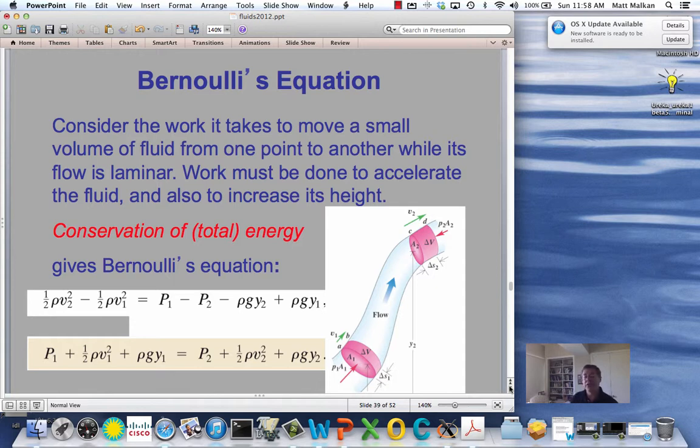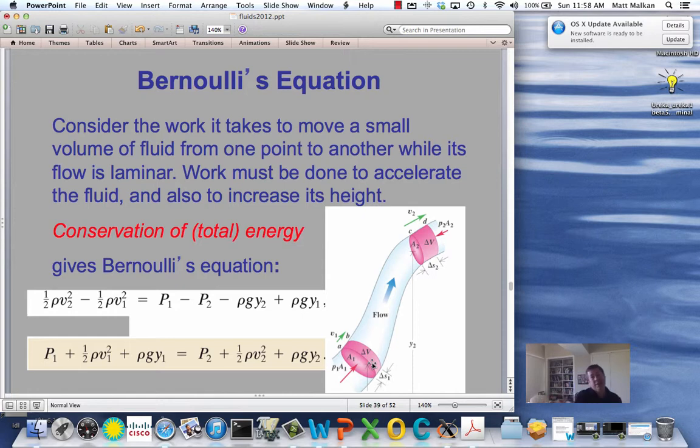What Bernoulli's equation says is just a conservation of energy equation for a packet of fluid, a little pink disc or cylinder of fluid that might be changing its speed, its density, or its height. Whatever those changes are, the work done on that fluid has to equal its change in total energy, which is the change in its kinetic and potential energy.